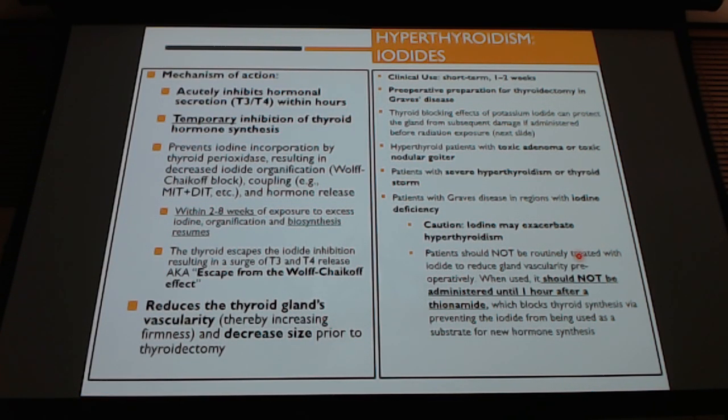Also, when you see this iodine may exacerbate your hyperthyroidism, think about it in the sense that if you have thyroid hormone that's still floating around and now you're giving it and feeding it more iodine, then I could potentially make it worse. Okay, so that's where you can see essentially a paradoxical increase in your thyroid hormone synthesis.